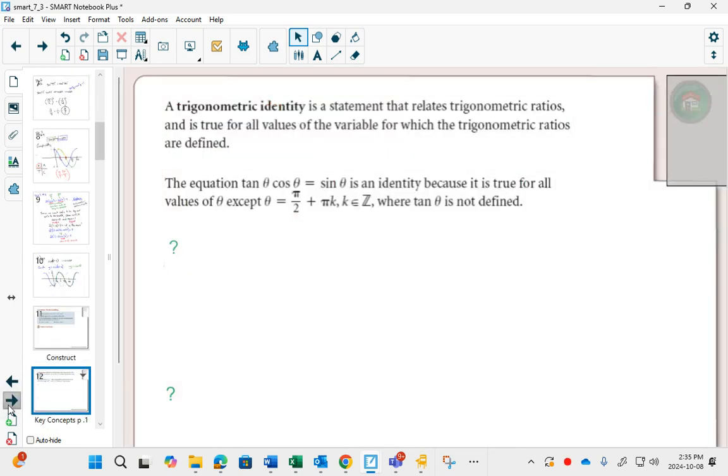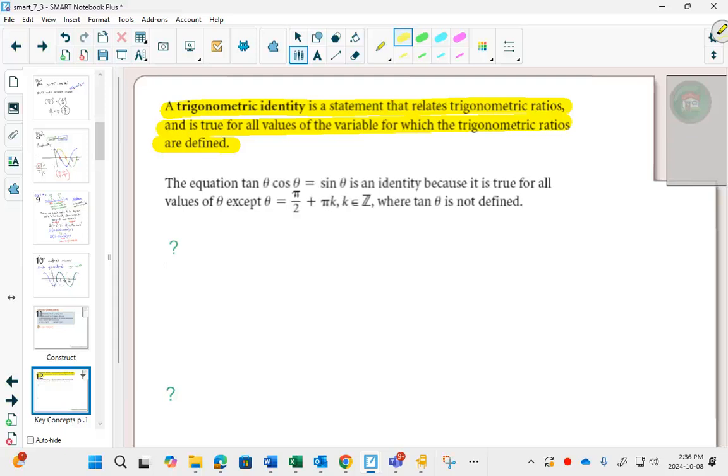If you turn the page, the top of page 606, you can highlight this definition. What is a trig identity? It is an equation using trig functions that is always, always true.